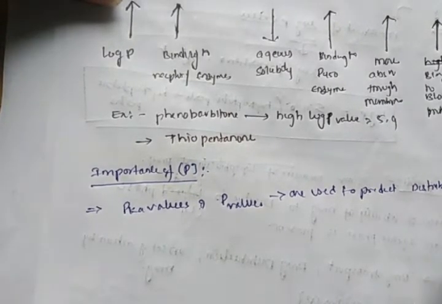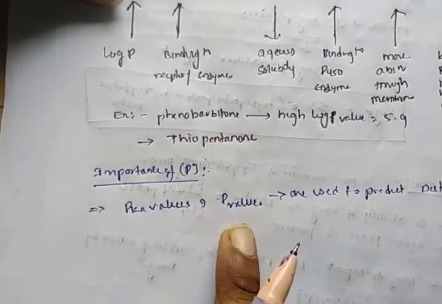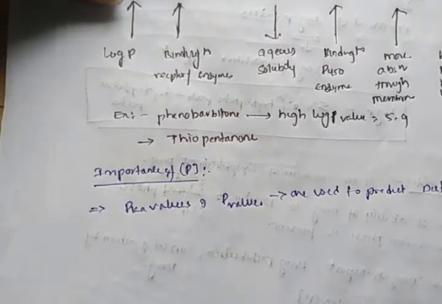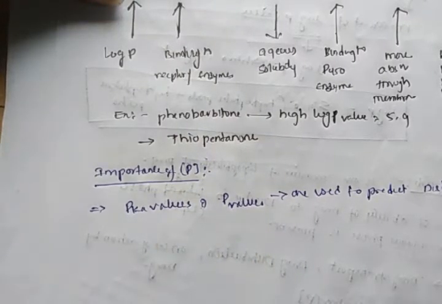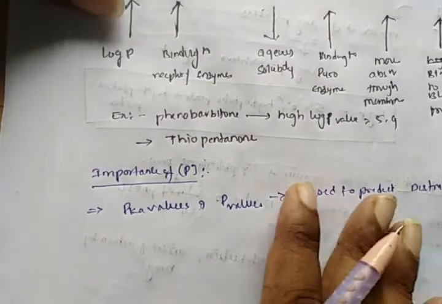Based upon the values of pKa and P of the drug molecule, we can predict the distribution nature of the molecule. We will see this in later sections.